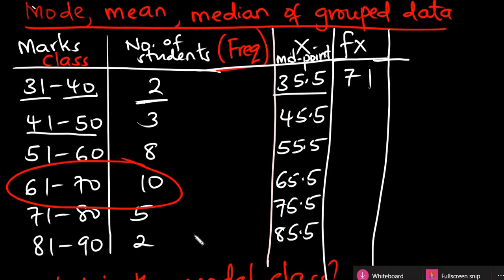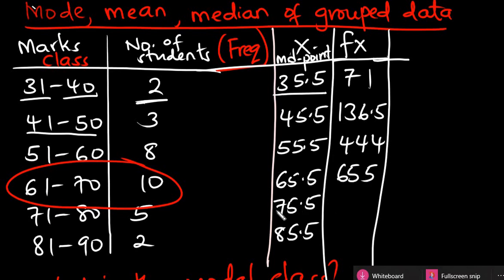So we do the same for each one of them. For the next class, we have 3 times 45.5, that is 136.5. Then 8 times 55.5 is 444. Then 10 times 65.5 is 655.